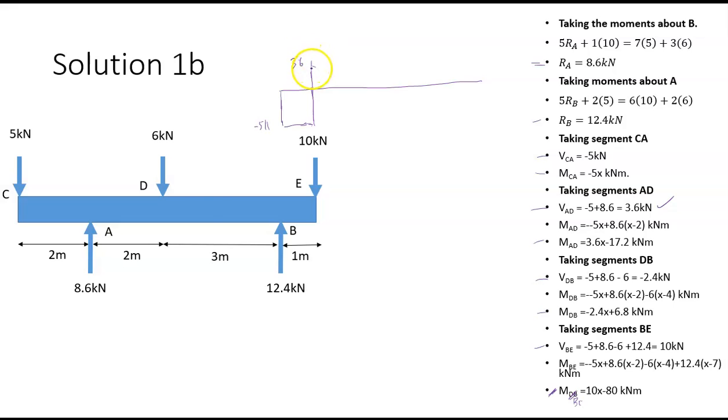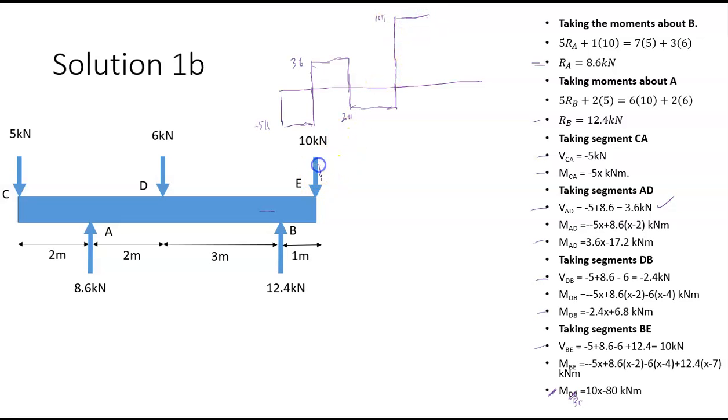And then it'll run along till it hits the 6 kilonewtons. And then it drops down to minus 2.4. Then it goes along till it hits the 12, and when it's 12, it goes back up to 10.